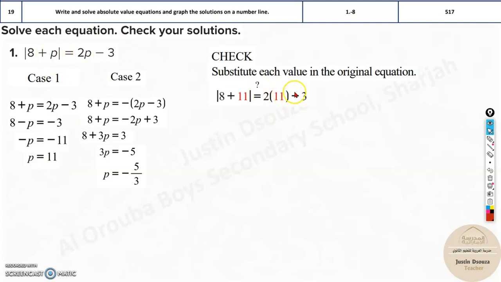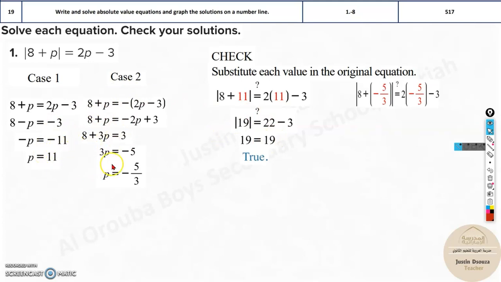Now 2 times 11 minus 3. Sorry, I was thinking different numbers in my mind. So 8 plus 11 is 19, and 2 times 11 is 22, minus 3 will be 19. Both the sides it's equal. Yes, this is a correct answer.